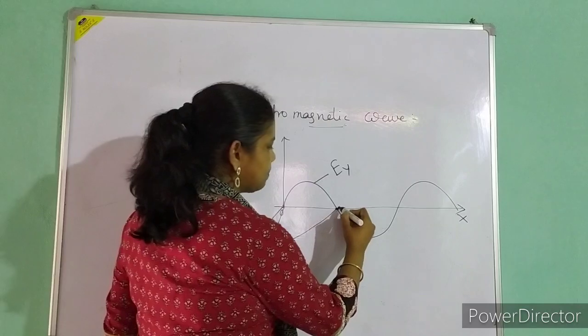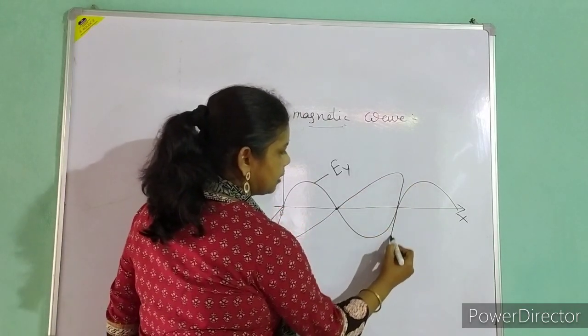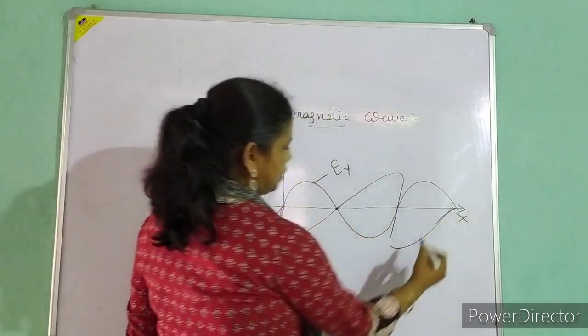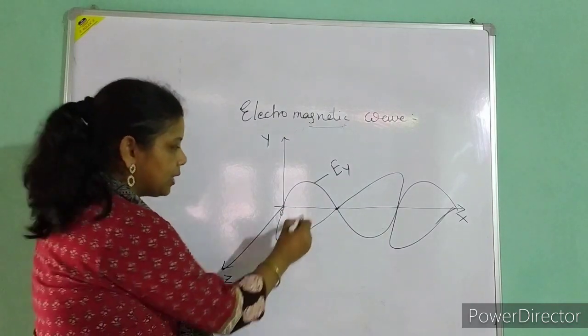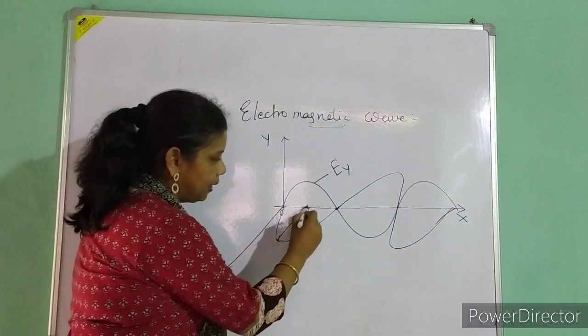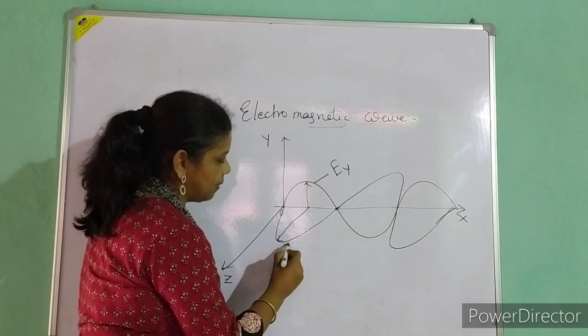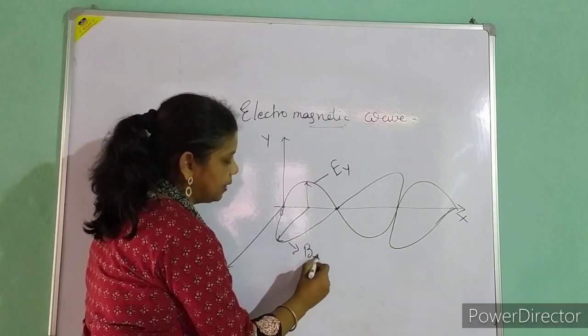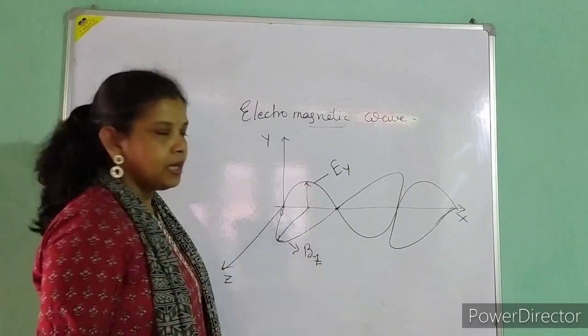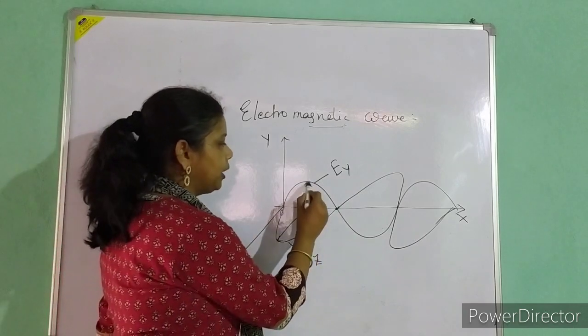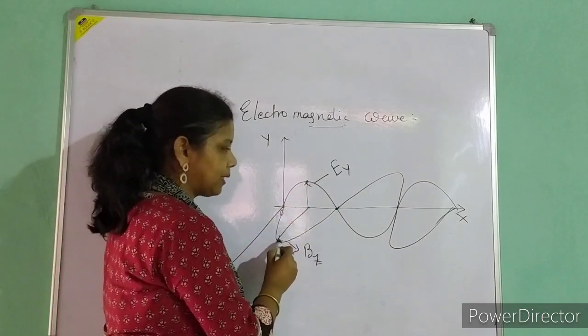Then if you move to this part, it will be in this way. Then again in this way. So it will continue. So this one, if I draw perpendicular, is also maximum at the same time. So this is my Bz. If you want to check at which point it becomes maximum, this will also become maximum.